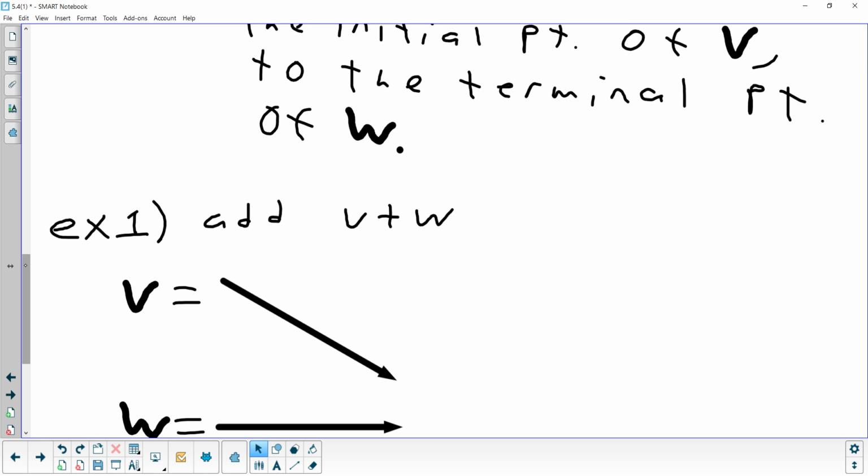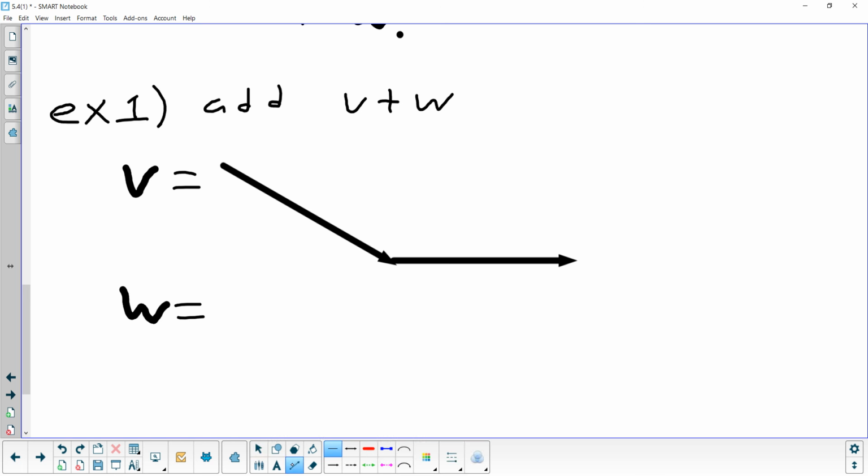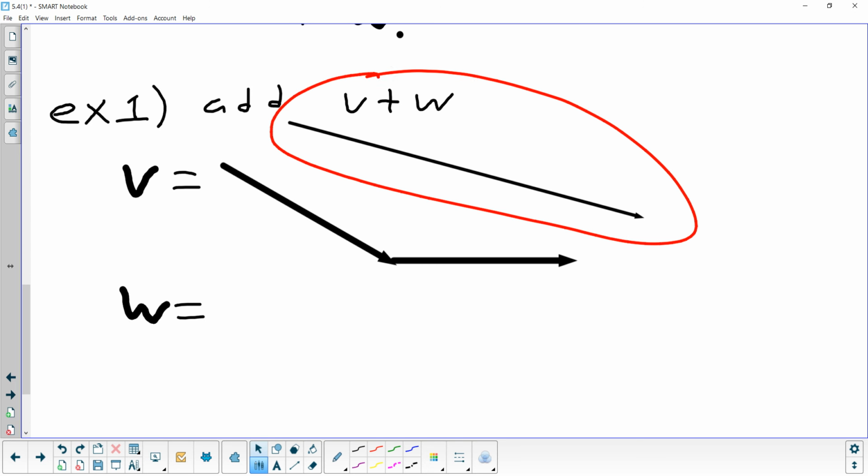Okay, so how do we add them up? It says specifically to do v plus w. So start with v. Not that the order matters, we just saw that. But start with v. Put w on the end. And then connect where you started to where you finished. So the answer is a picture.